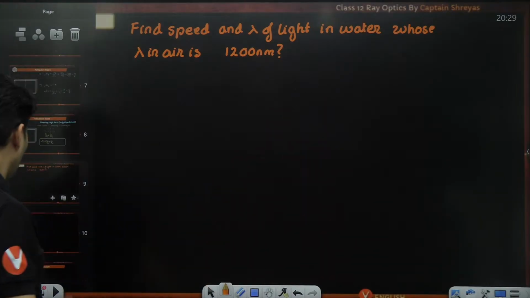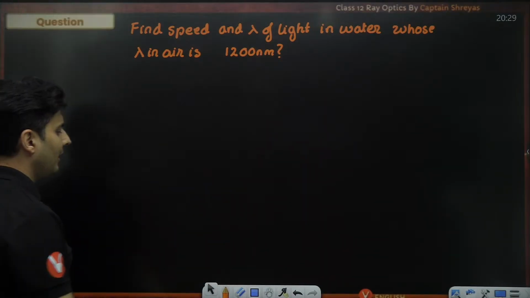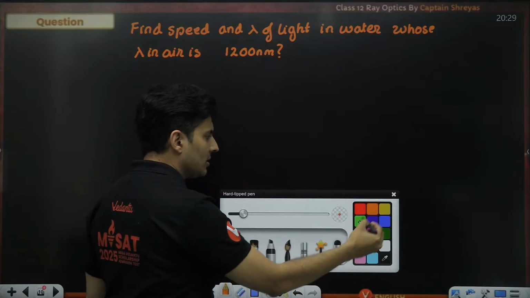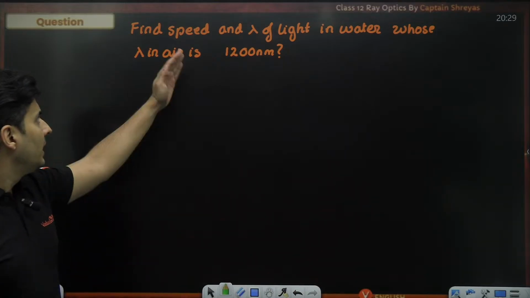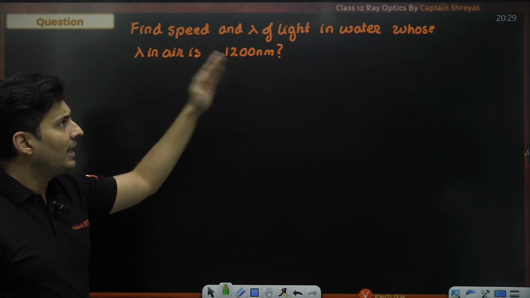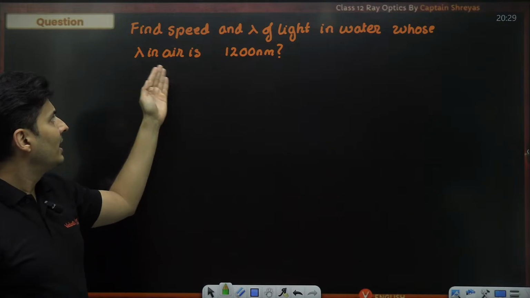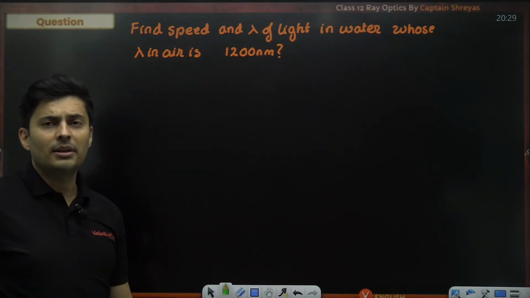That is the question. Let's try to solve this particular question. Speed and wavelength of light in water whose wavelength in air is 1200 nanometer.